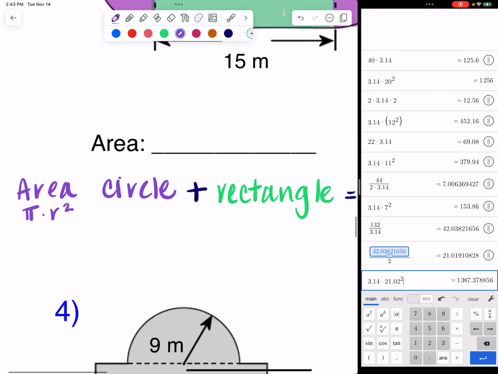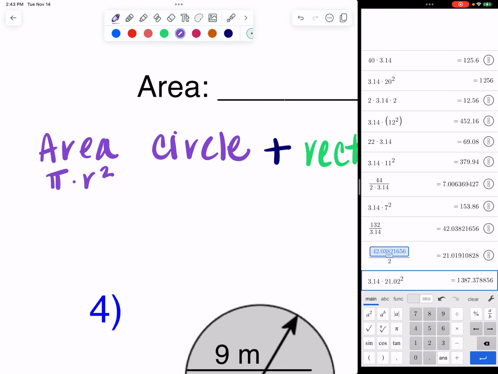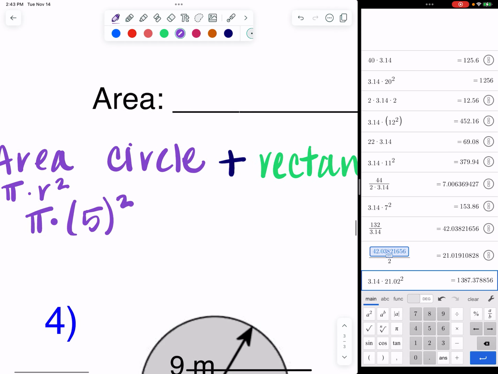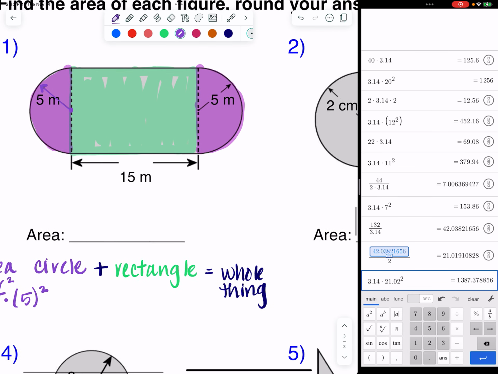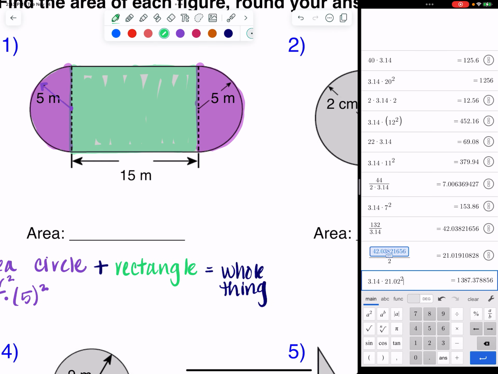Well, that looks just like our picture of a radius from the first part of these notes. So to get the area, we want to do pi times 5 squared.